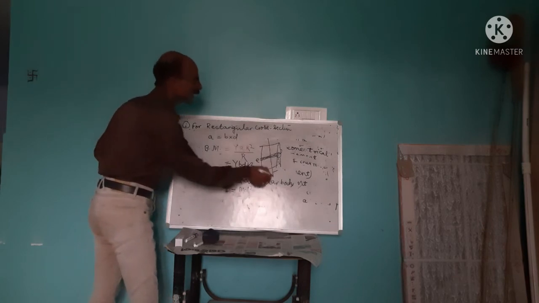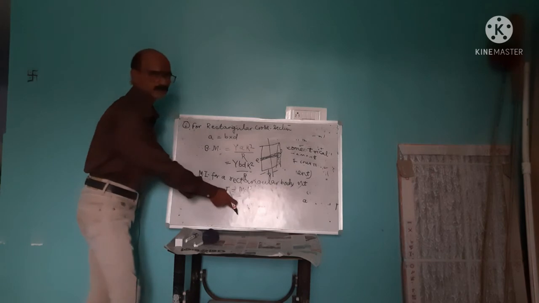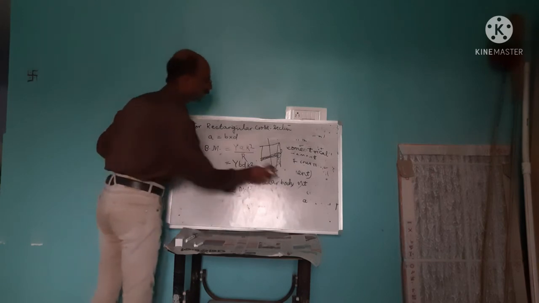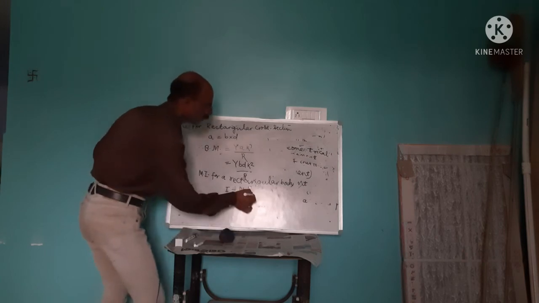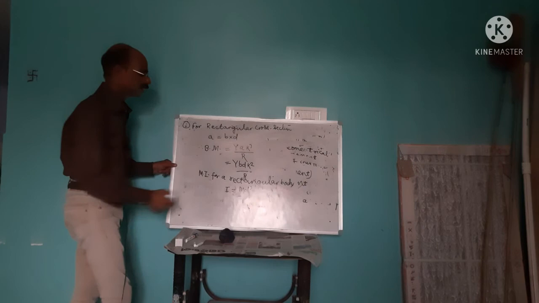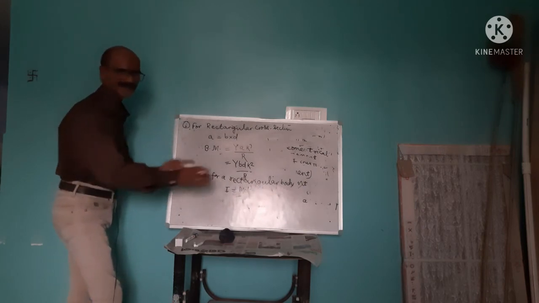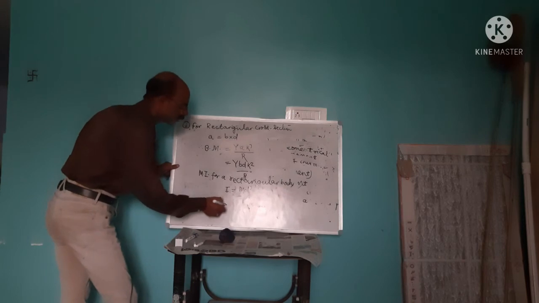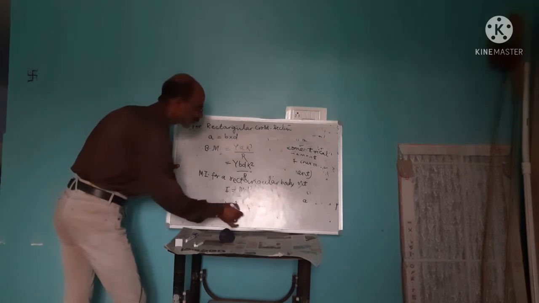Suppose the axis were like this, then it would be m b square by 12. But this is equal to our m k square. So k square is equal to d square by 12. We have read it in rotational dynamics.